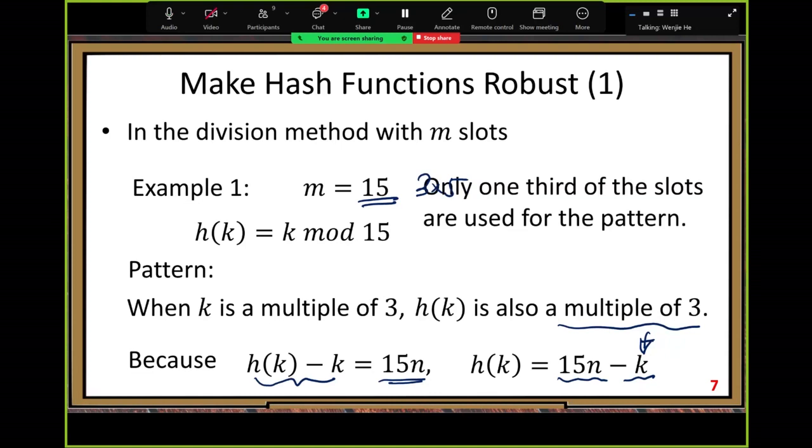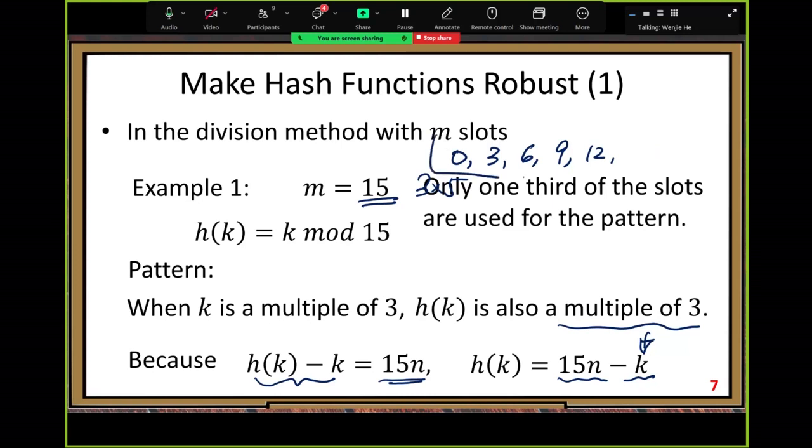If it's a multiple of 3, then your mapping addresses for those slots have to be multiples of 3. Then you can only use 1/3 of the slot locations. For example, location 0, 3, 6, 9, 12 you can use. Suppose the largest slot number is 14.